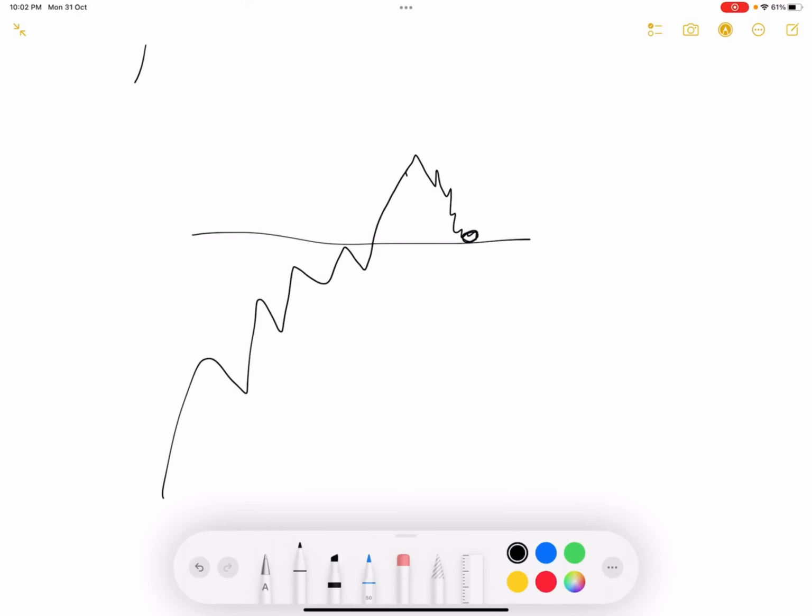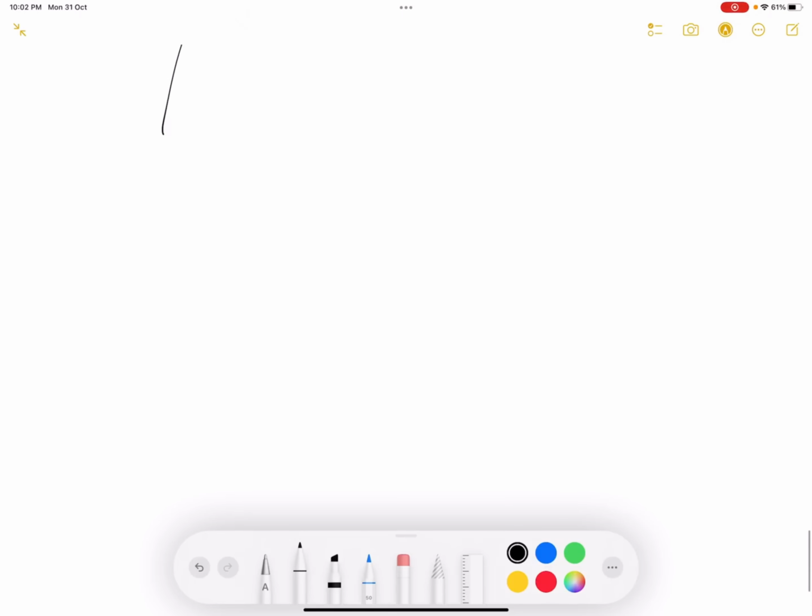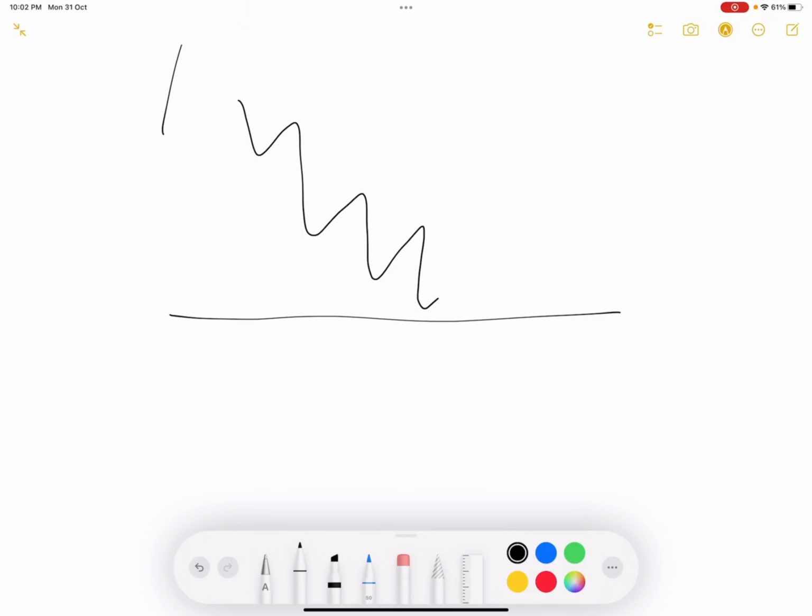The price closes here, we trade towards the upside. That's how we trade in an uptrend using a line. If it's a downtrend, let's say the price is falling down, there is a breakout and the price comes back to the line, and the candle closes here, we trade downwards with the trend. That's how we trade with the trend.